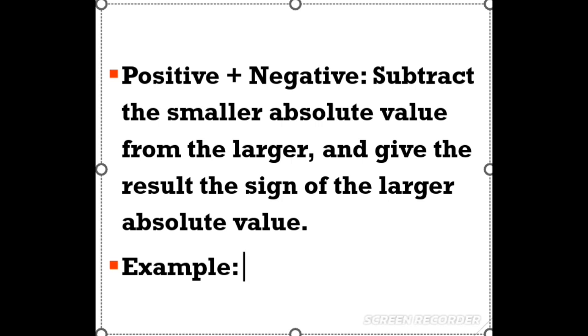But how can we solve this when we are having positive plus negative? It's very simple. The first thing is to subtract the smaller absolute value from the larger. And secondly, give the result the sign of the larger absolute value, whether it is plus or minus.